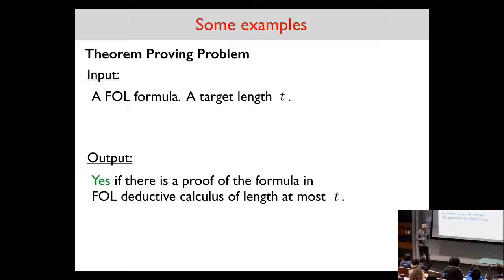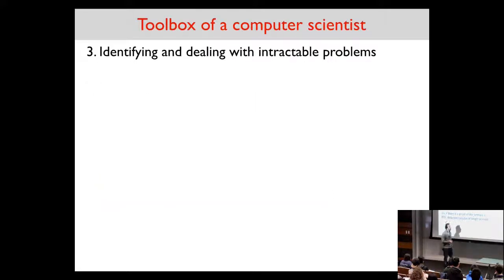If we could do this efficiently, it would have very interesting consequences. And Gödel actually, if you remember in his letter, was optimistic that maybe there is an efficient algorithm for this.